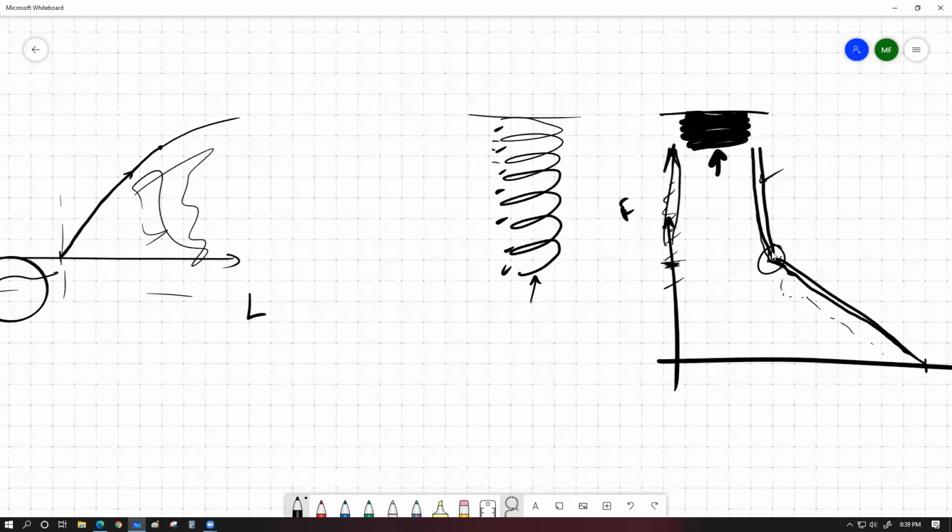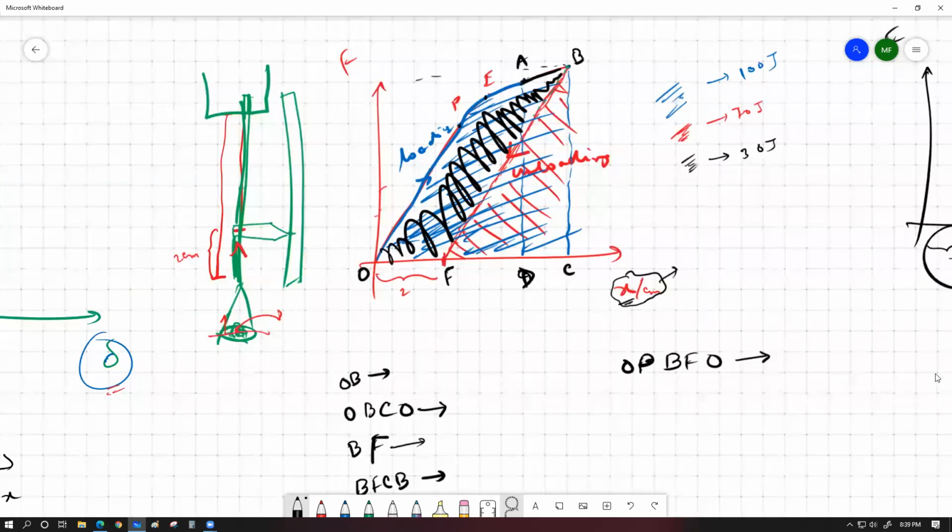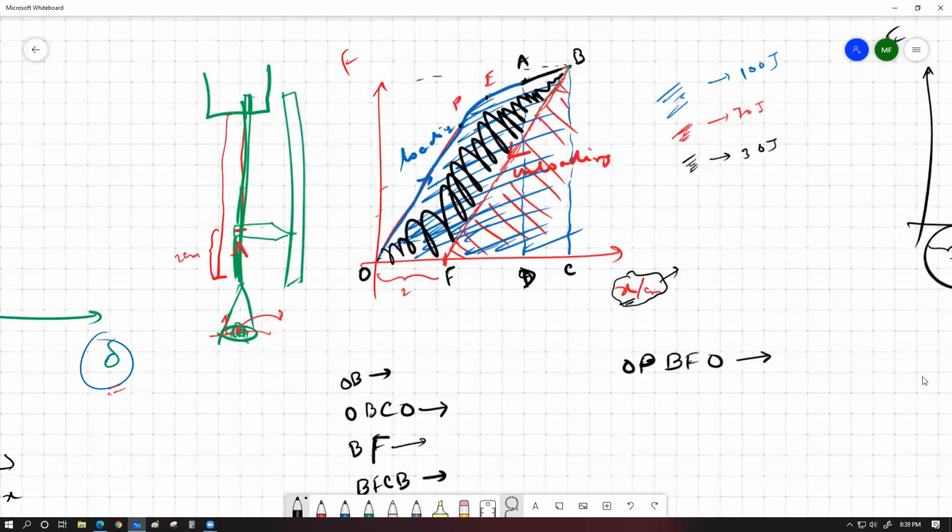Starting off this point, this is going to be a straight line, because this line is basically the force extension graph of a wire for this part.